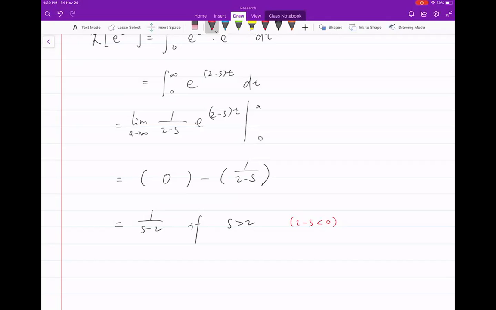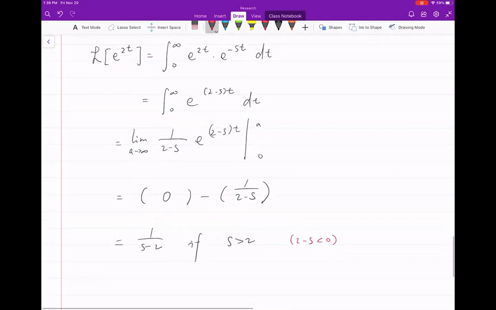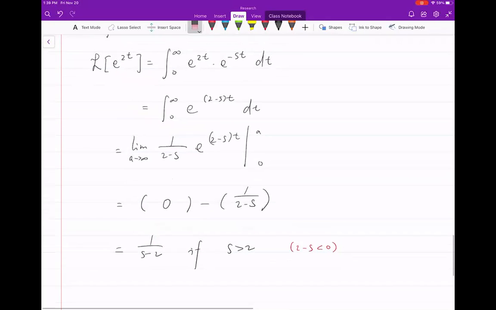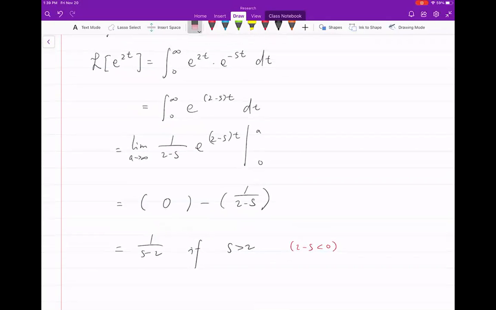Sounds good? Then probably we can start to have a general conclusion. That is, this doesn't have to be 2, right? This can be anything. It can be any number you put here. I just changed to this. Still works.